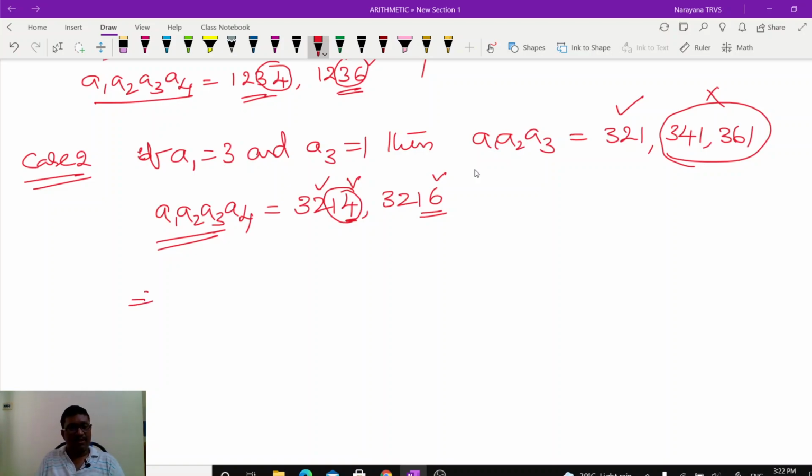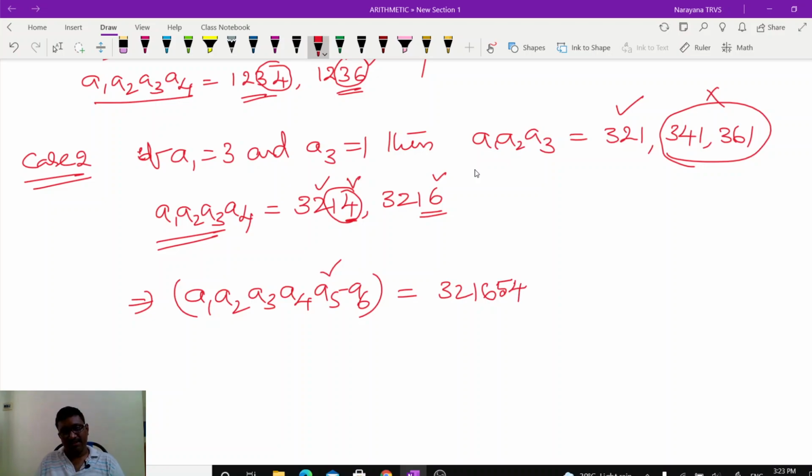Now look at the 6-digit number, a1, a2, a3, a4, a5, a6. a1, a2, a3 is 321 and a4 is 6. In the place of a5 we have 5, and the remaining digit is only one digit, since each digit must be used once. So the possible digit is 4.